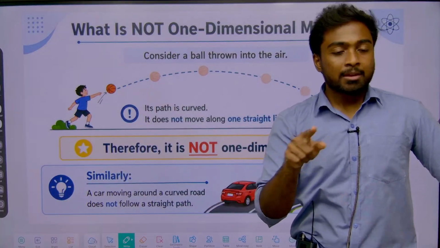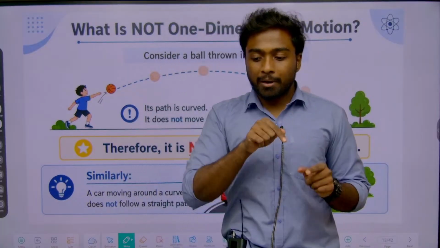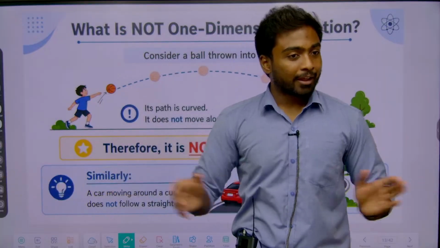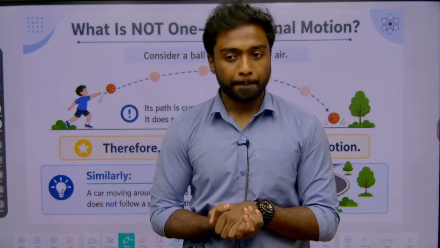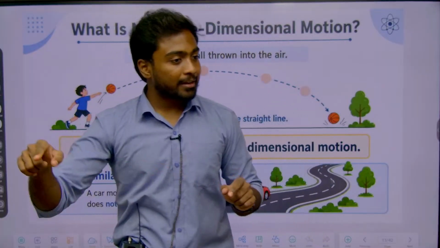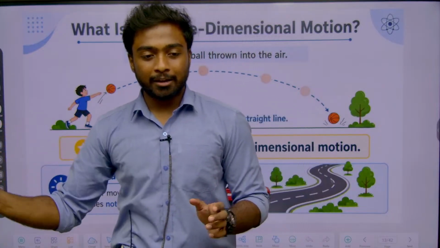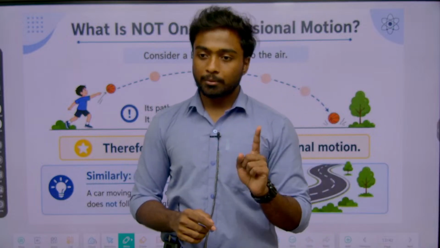So how can we say this is only one dimension? The cross can be taken as z axis, right or left can be taken as x axis, straight can be taken as y axis. So in x, y, z, any one direction it can move, yes or no.